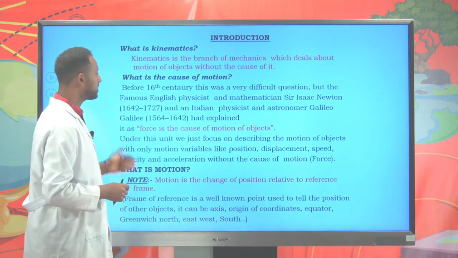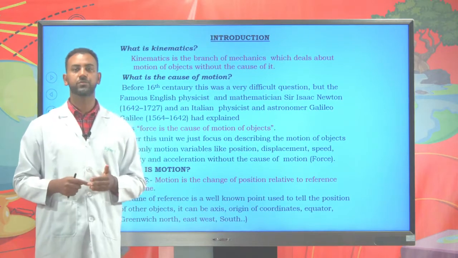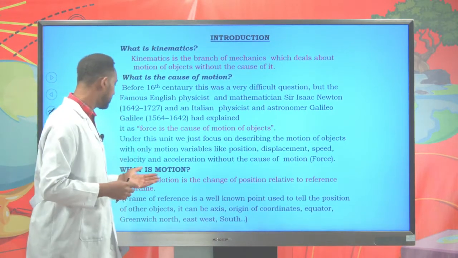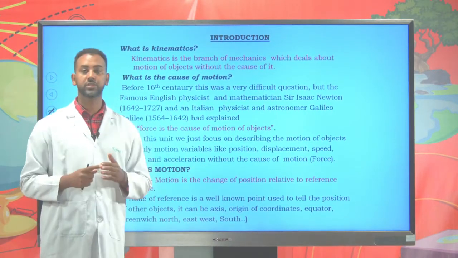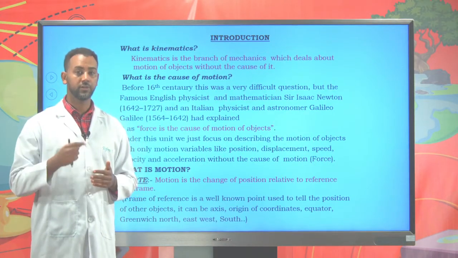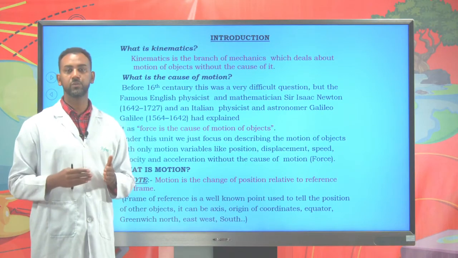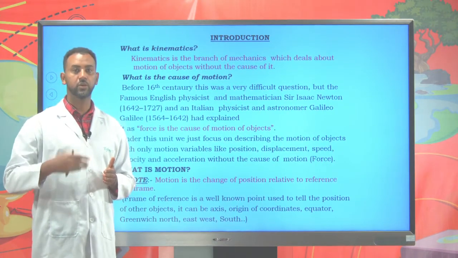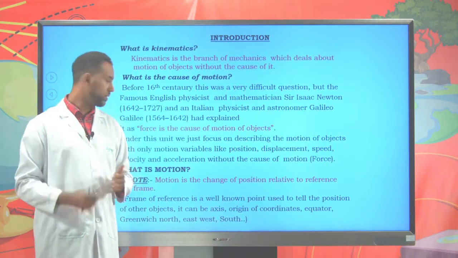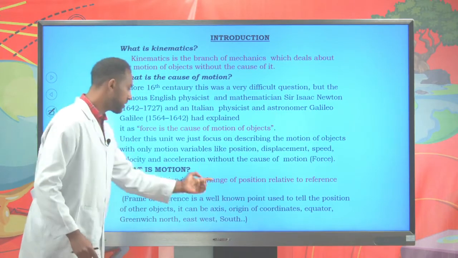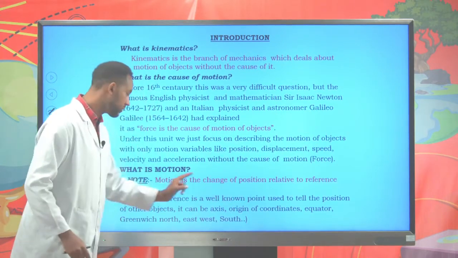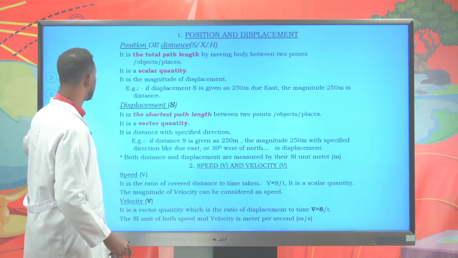So first, we have to define what motion is. Motion is the change of position of something with respect to a frame of reference. A frame of reference is very important to designate the location of other objects. Therefore, motion is a change of position relative to a frame of reference.